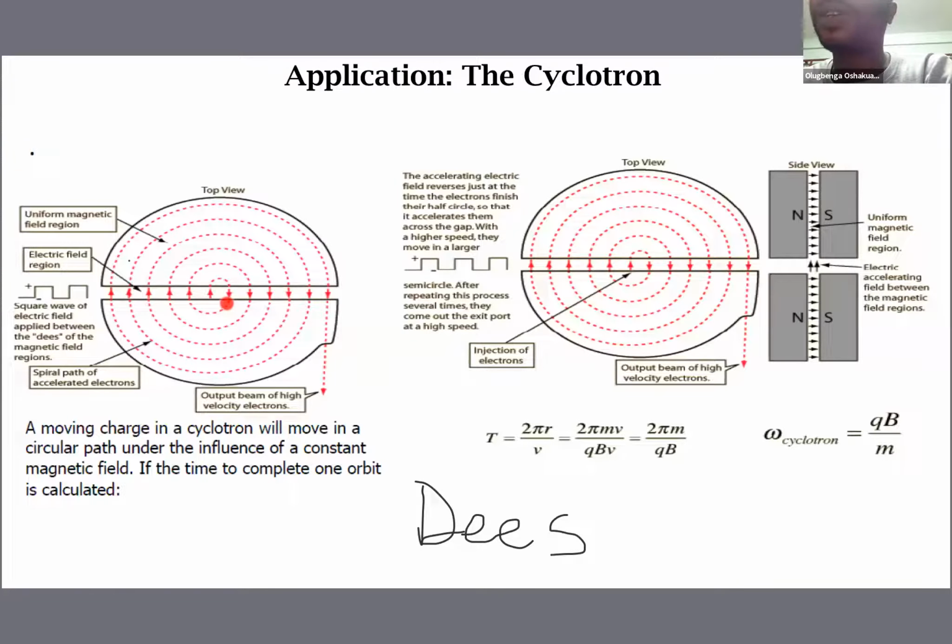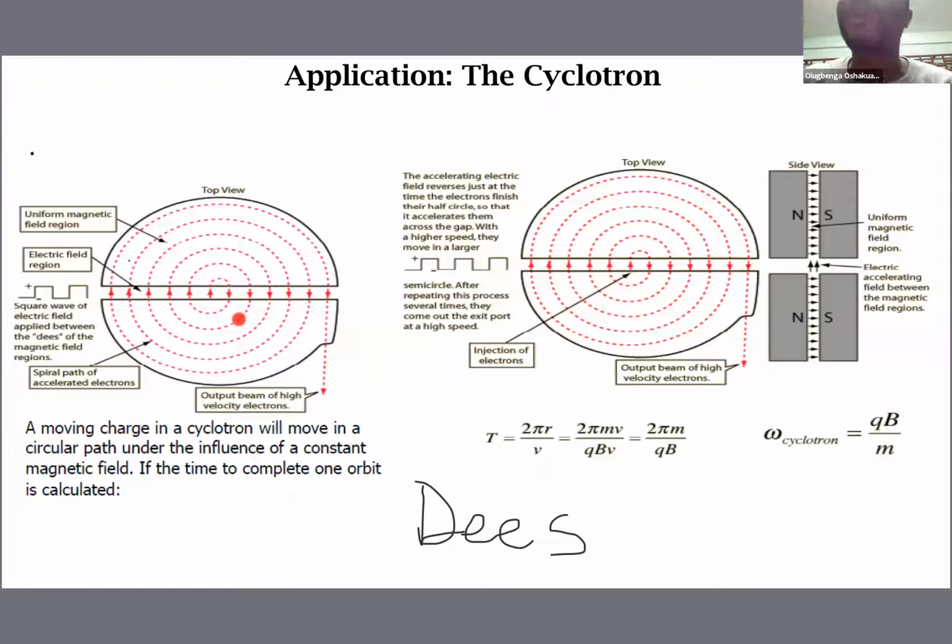Before it gets to the second D, the polarity has changed, and when the polarity changes, it accelerates further. Before it comes out of the second D, the polarity will change again back to the previous state. It enters the first D again, and once it comes out, before entering the next D, there is another change in polarity.